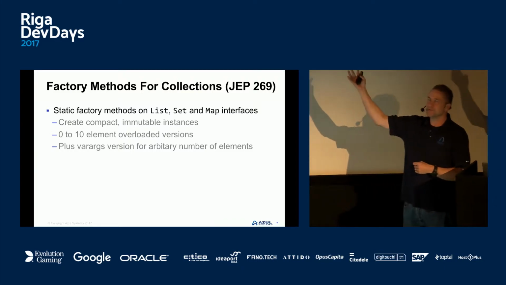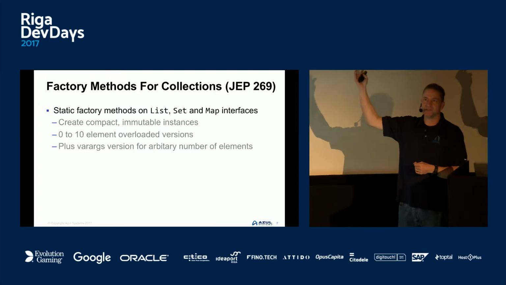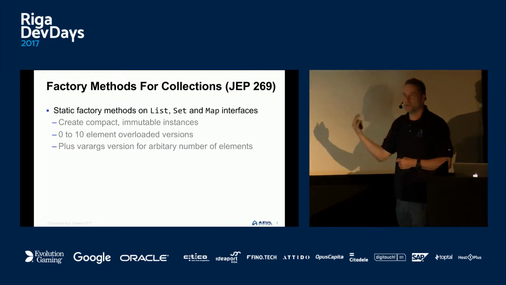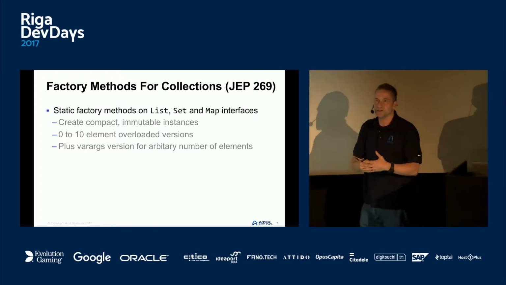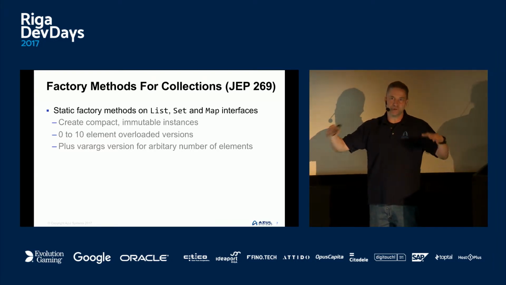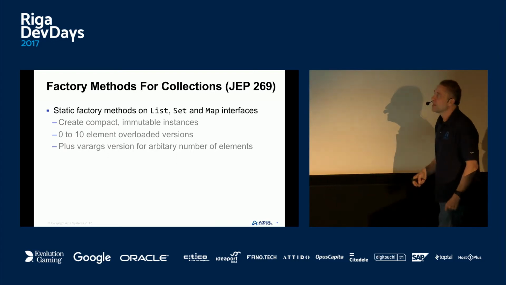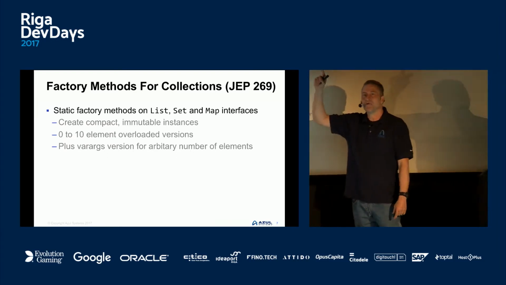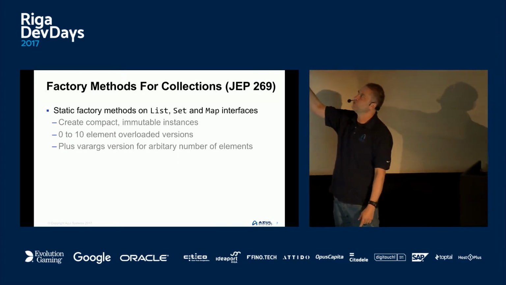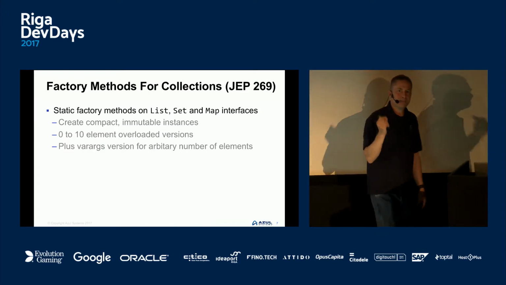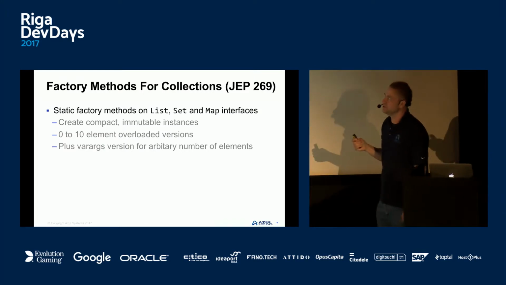So we've taken advantage of that, and we can now add methods to the interfaces for these collections, rather than having to add the necessary methods in all the different classes that implemented those interfaces. There are 11, actually there are 12 methods that have been added to each of those interfaces.